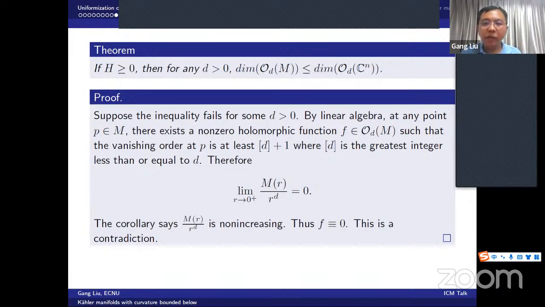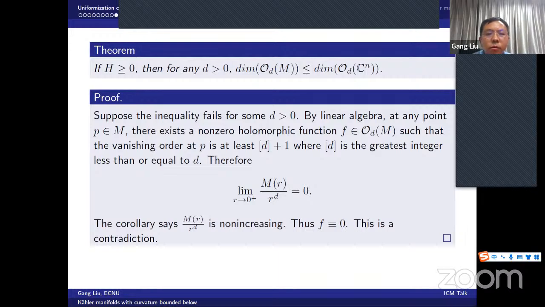Then by linear algebra, at any point P on M, there exists a non-zero holomorphic function f in O_D(M) such that the vanishing order at P is at least the integral part of D plus 1. Then we know that the limit of M_f(R) over R to the D is 0. But the corollary says such a quantity is non-increasing. Then f is identically 0. So this is a contradiction.